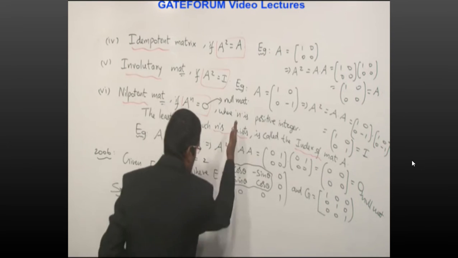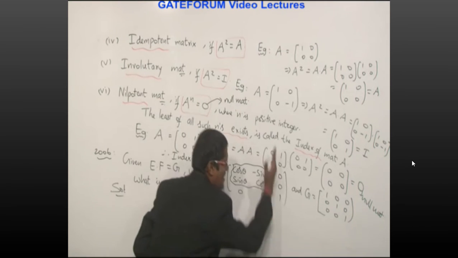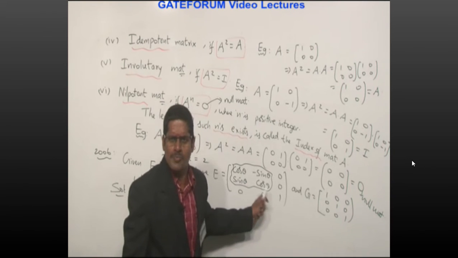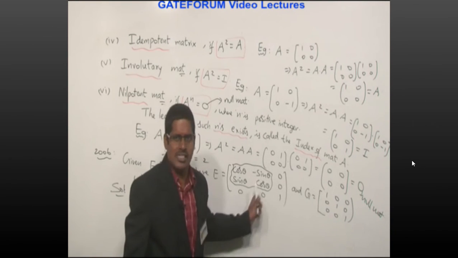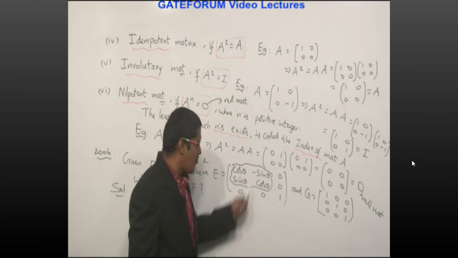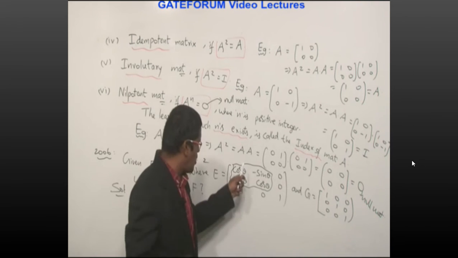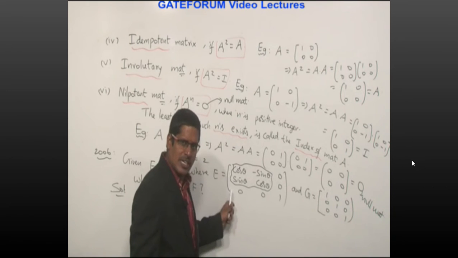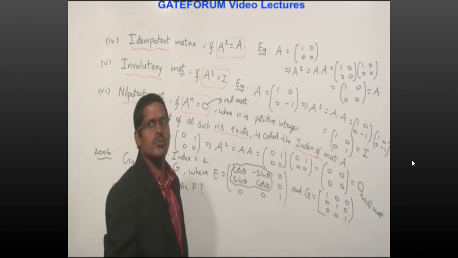This is x1 column, x2 column, x3 column, 3 vectors. You can verify x1 dot x2 is 0, x2 dot x3 is 0, x3 dot x1 is 0. Length of each vector, that is square root of the first column x1, root over cos square theta plus sin square theta plus 0 square, that is 1 only.